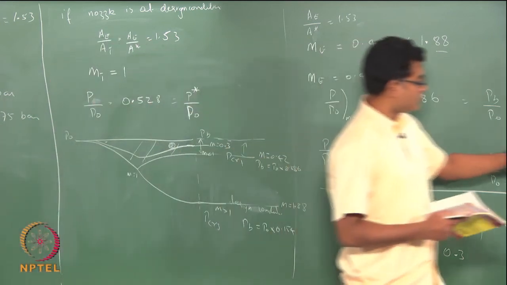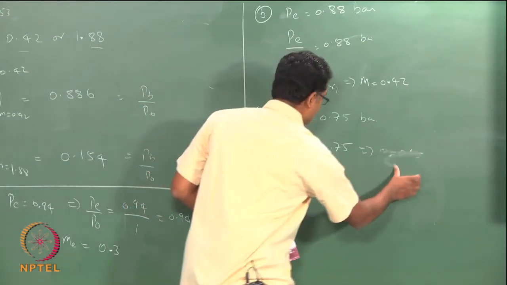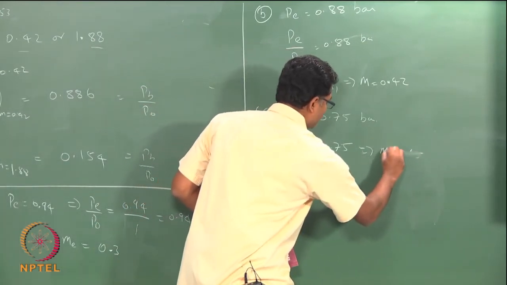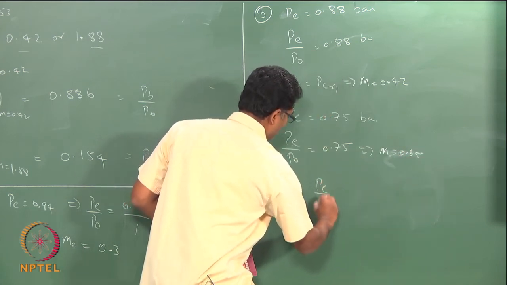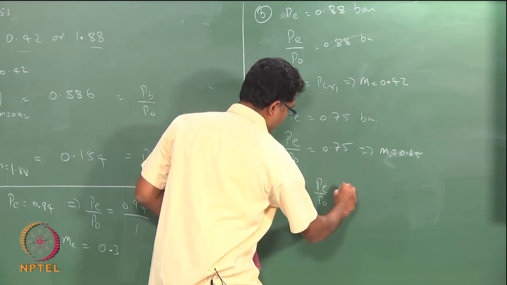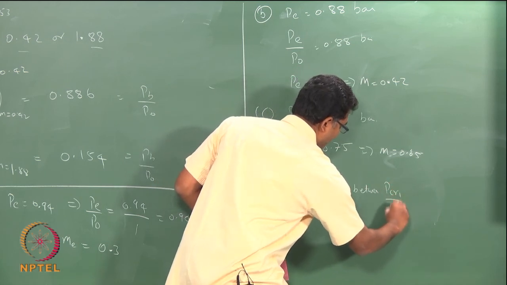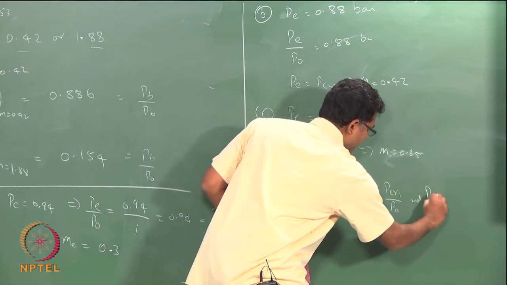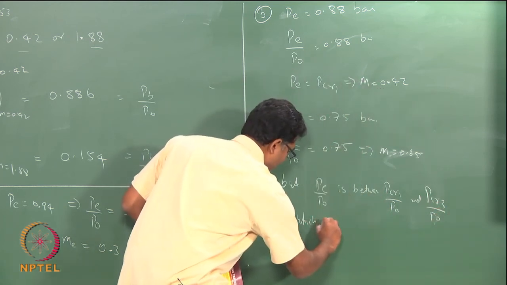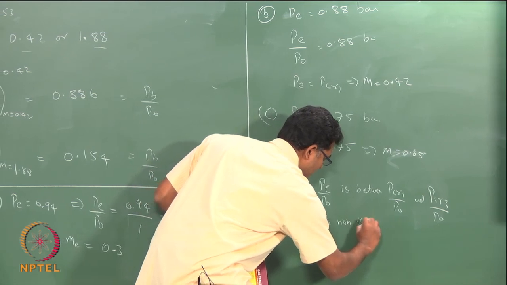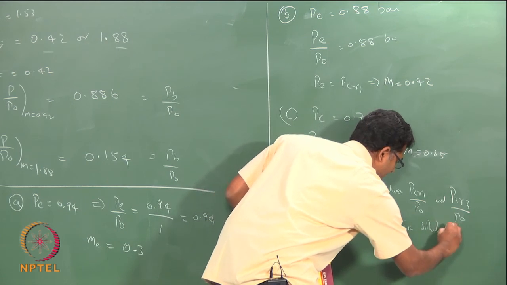So, we cannot use this relation to get the Mach number, because P by P0 is between PCR1 by P0 and P critical 3 by P0, which is a non-isentropic solution.